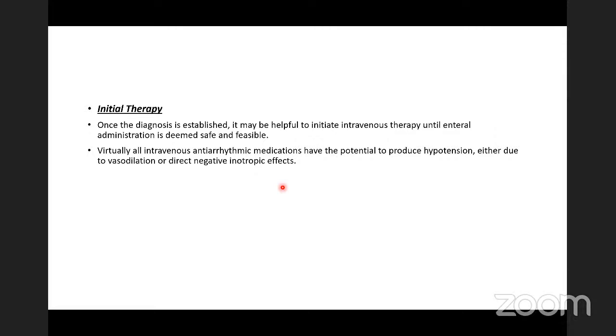Once you terminate this acute episode, or you establish the diagnosis, then you go for the initial therapy. In the ICU setting, usually you go for intravenous therapy first because patients are sick, they are NPO, and they are not allowed enteral administration of drugs.